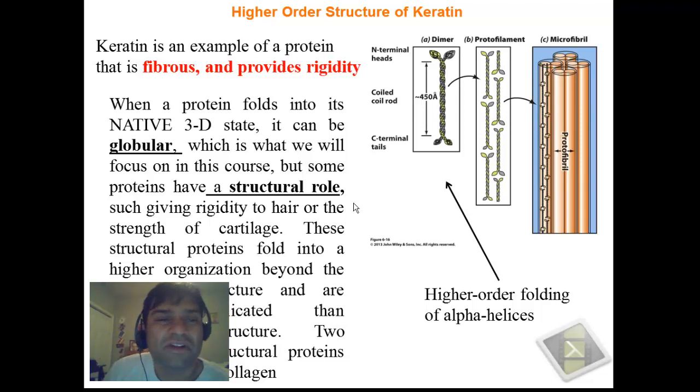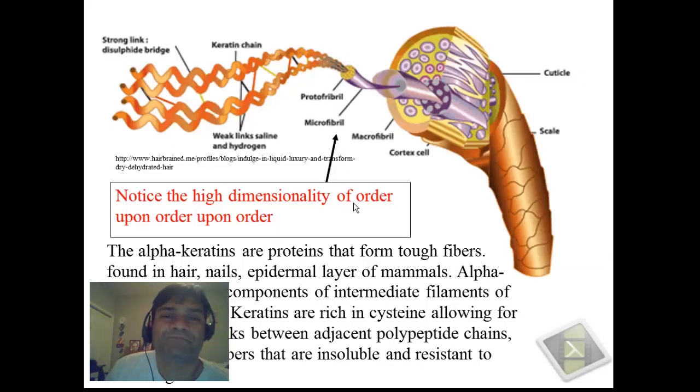Okay, you may have heard of actin or microfilaments. These are also structural proteins. All right, notice the higher dimensionality. We start off with a coiled coil, an alpha helix. We have disulfide bonds to provide additional rigidity. And the coiled coils interact with one another to form a protofibril. The protofibrils interact to form a microfibril.